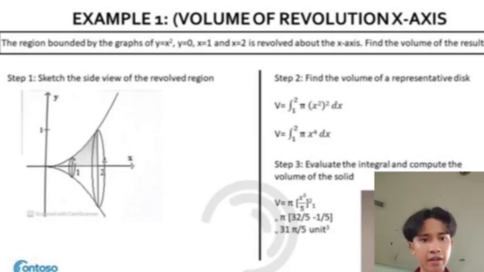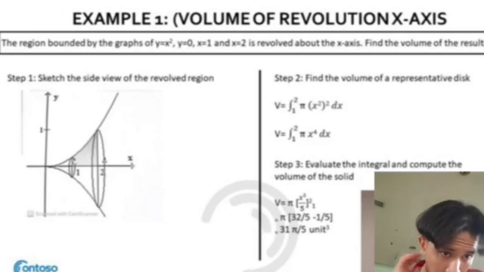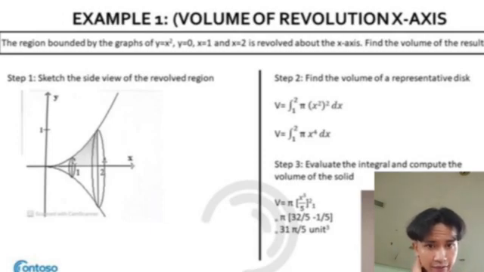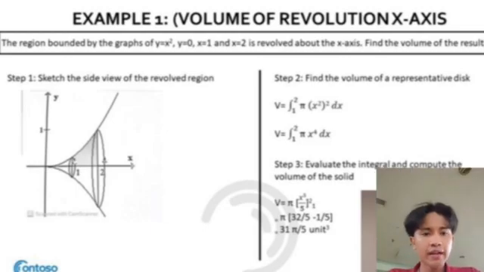And then step 3, evaluate the integral and compute the volume of the solid. V equals pi open bracket x to the power of 5 over 5 close bracket from 1 to 2, and then it turns into pi open bracket 32 over 5 minus 1 over 5 close bracket.